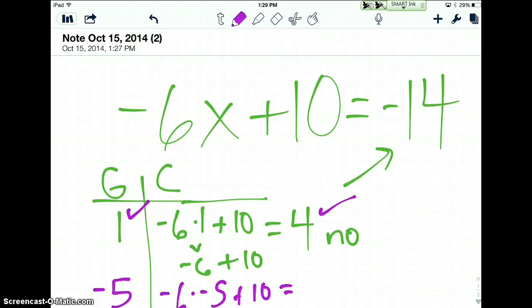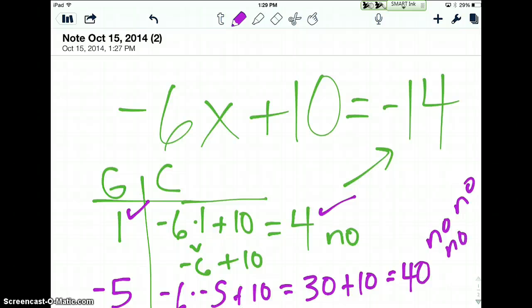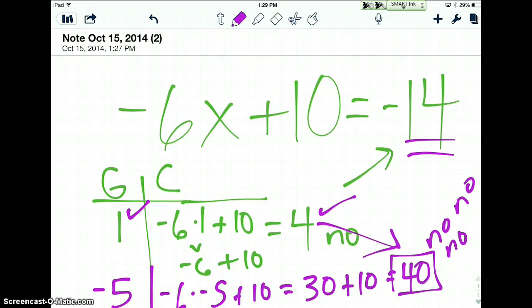Okay, I am at 30 plus 10. Oh my gosh, 40. Oh no, way off. Not gonna work. Okay, so meaning negatives definitely made me get even bigger in my answer, so I need to get smaller.